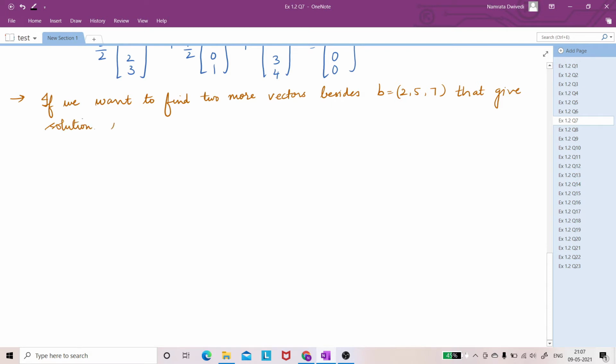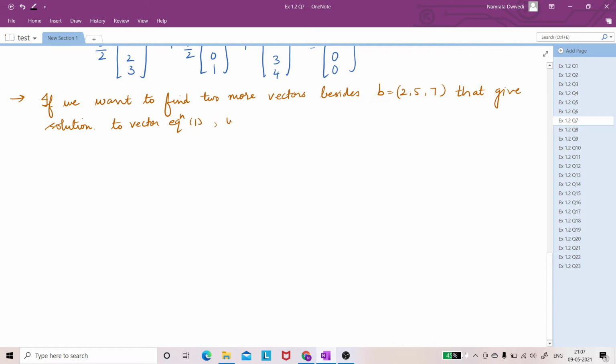What is the vector equation? We have written it above. We simply have to find a vector that lies in the same plane as v1, v2, v3.